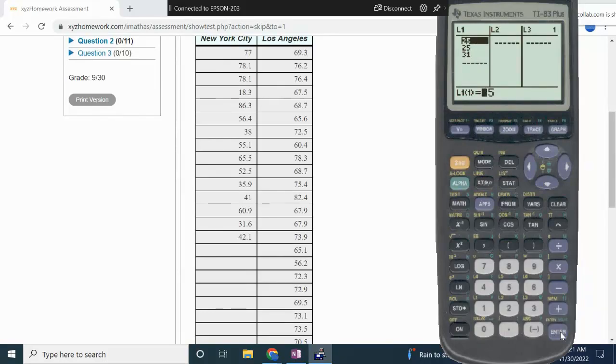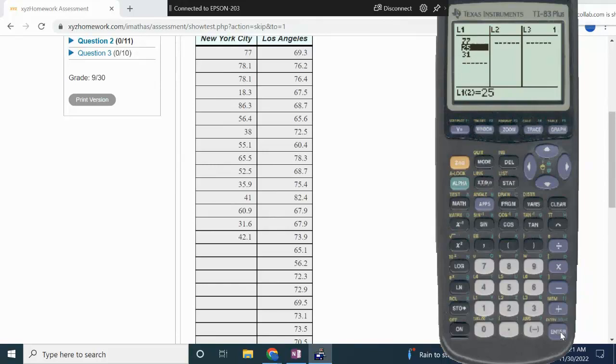And then for list 1, you would put in all of these data points. For list 2, you're going to put in all of these data points. And it may take a while to do that, but okay, I'm going to attempt to do it.